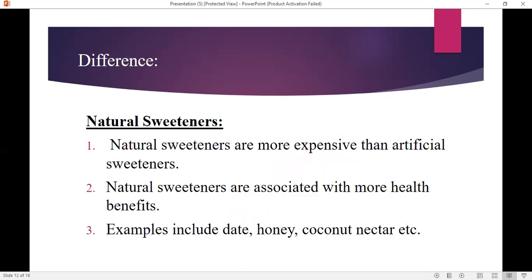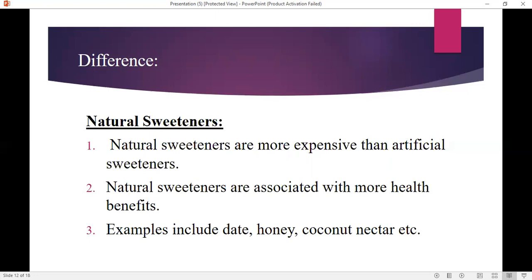Now we are discussing the differences between natural sweeteners and artificial sweeteners. Natural sweeteners are more expensive than artificial sweeteners. Natural sweeteners are associated with more health benefits.